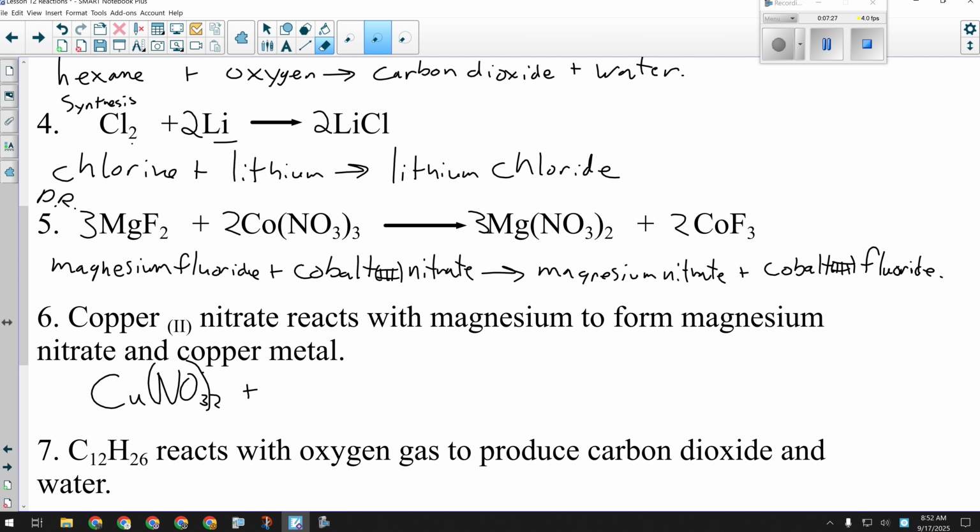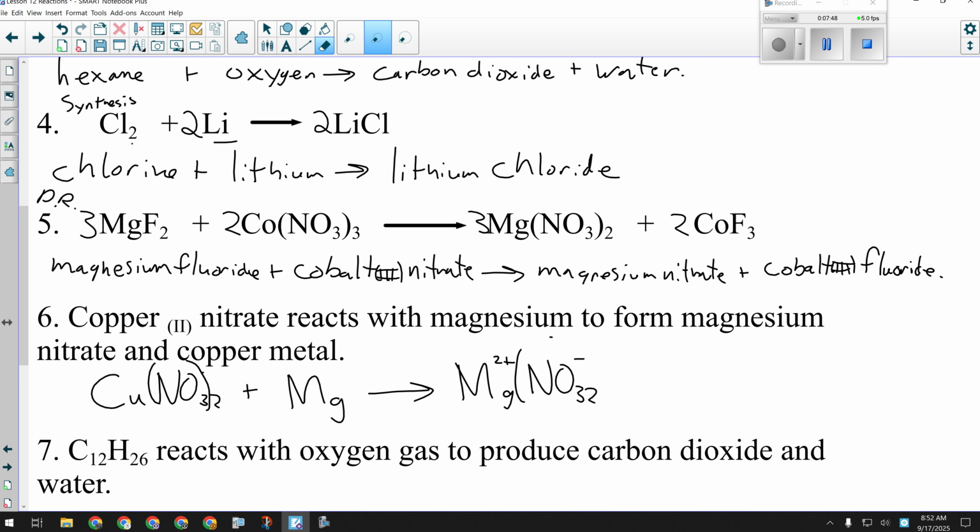Okay, and it's going to react with magnesium. Doesn't say magnesium's with anything, it's just magnesium. Okay, and it says then it's going to form magnesium nitrate, so Mg 2+ with nitrate 1-. Okay, drop and swap.